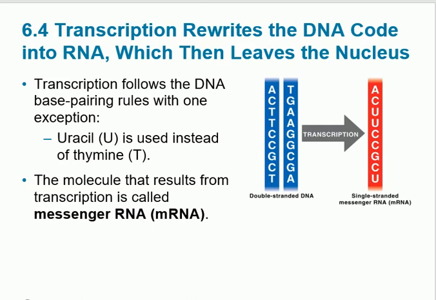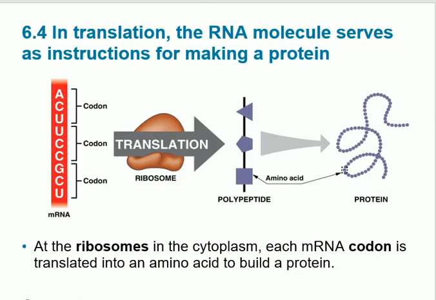So if the DNA has an A, what's the complementary base in the RNA? U. Isn't it supposed to be AT, CG? AU in RNA. So when the RNA sees A, it's going to make U, not T. And transcription is when we make messenger RNA out of DNA.